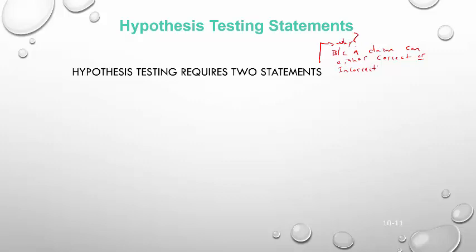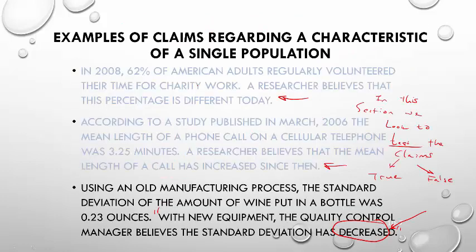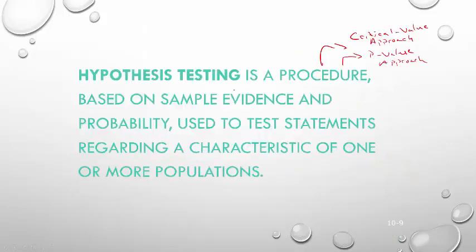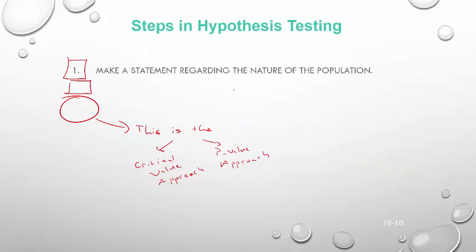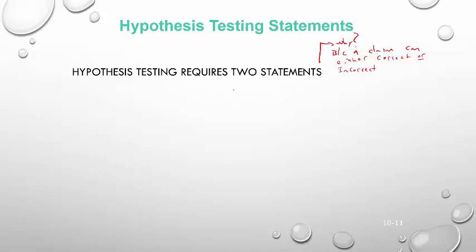Like if I go back just real quick for a second, in any of these, the researcher believes that the percentage is different. Well, maybe they're right or maybe they're wrong. You don't know until you actually do the procedure, hypothesis testing. So we need two statements to handle the case that either the researcher is correct or incorrect.